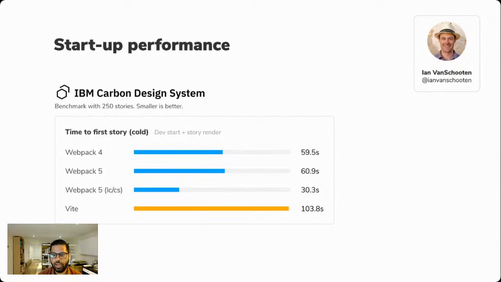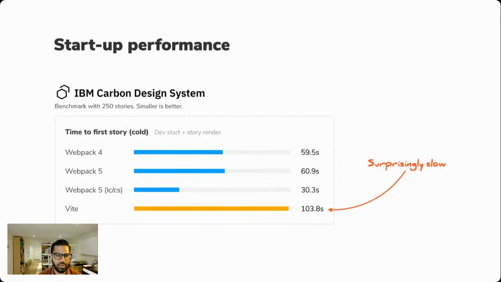So generally, Vite is supposed to be lightning quick, but when we ran those initial tests, what we found was the startup performance for Vite was surprisingly slower than what we expected. And what's happening here is instead of bundling your entire code base and all of your modules into one or more bundles, what Vite does is it serves all of those individually during the development process, but for the final production build, it packages it all up into a bundle, much like Webpack.